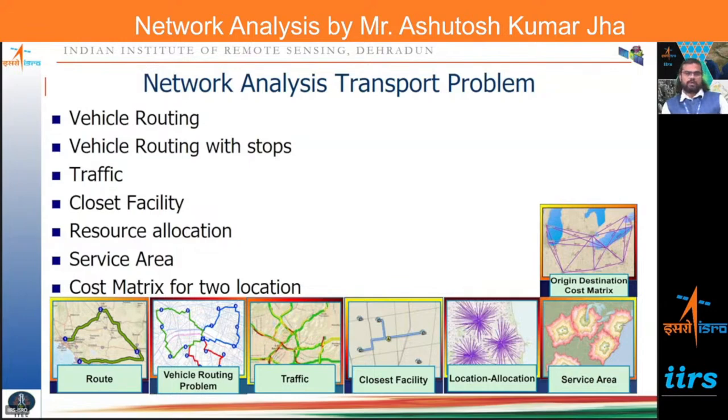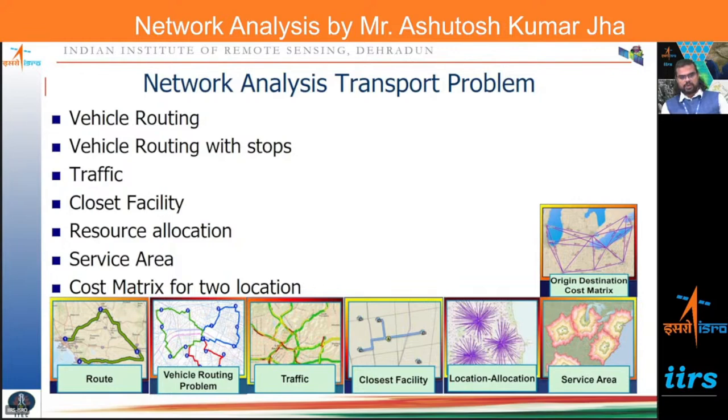If you're planning a vacation by road, then you would like to have some stoppage in between where you can take rest during lunchtime or maybe in the evening, at 6 or 7 o'clock. Those kinds of additional conditions can be put into a vehicle routing system, and you get results.